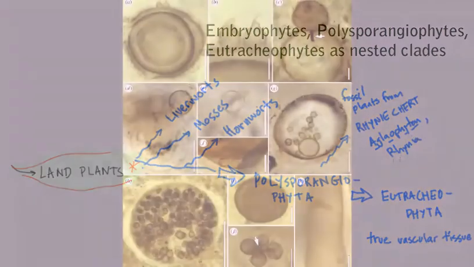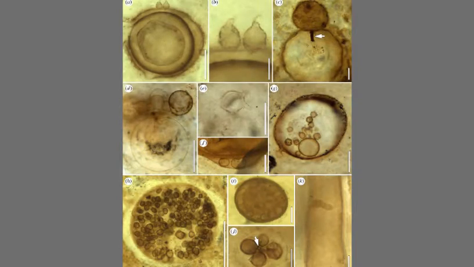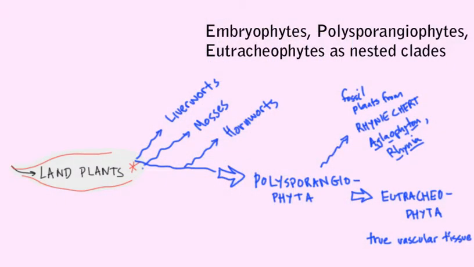These fossils even show associations between these earliest of plants and mycorrhizal symbionts. Well, anyways, these Rhynie plant fossils are all Polysporangiophytes, but not Eutracheophytes. Today, in contrast, the only Polysporangiophytes still in existence are the Eutracheophytes, the true vascular plants.